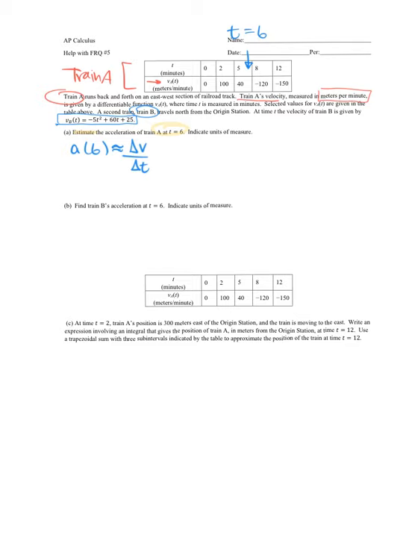So like f of b minus f of a over b minus a, that's essentially the equation I'm using. For this particular problem, since I'm looking at t equals 6, and t equals 6 is somewhere between 5 and 8, I'm going to be using these data points right here, okay? So then I would have a of 6 is about equal to the change of velocity, so I'm going to subtract these: negative 120 minus 40, and then all over b minus a, so 8 minus 5.